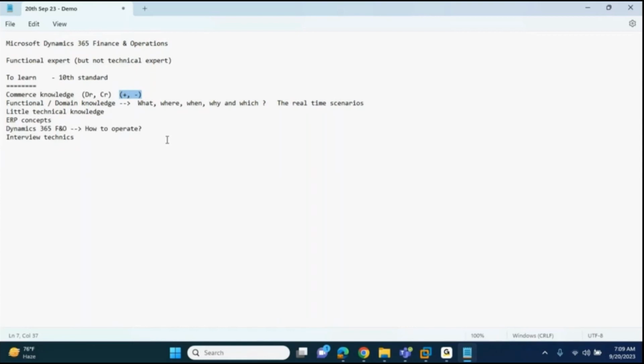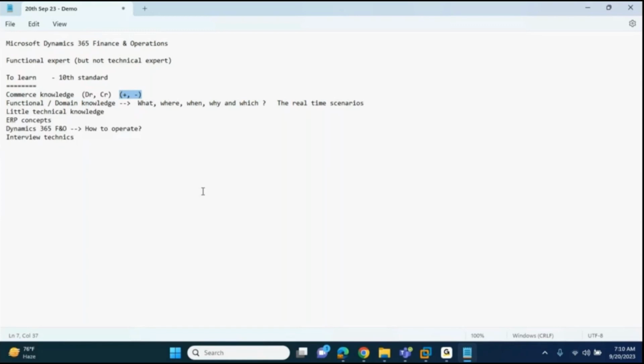Means, suppose minus 50 plus 20. What is the amount? You should know that is minus 30. If you know that, that is enough. If you are confused about plus and minus, then it is very difficult to learn finance.